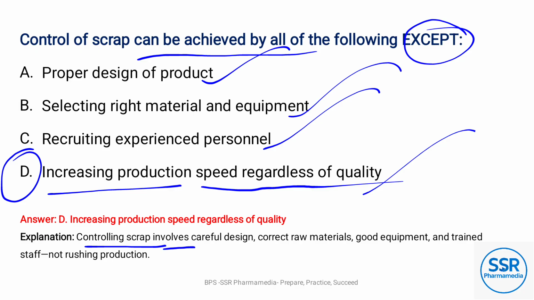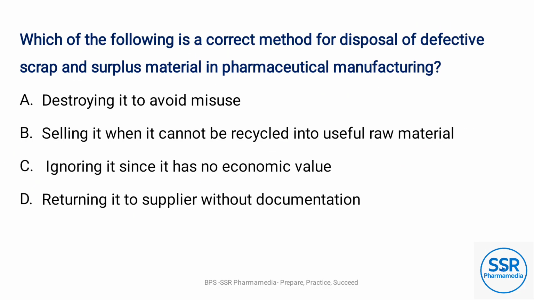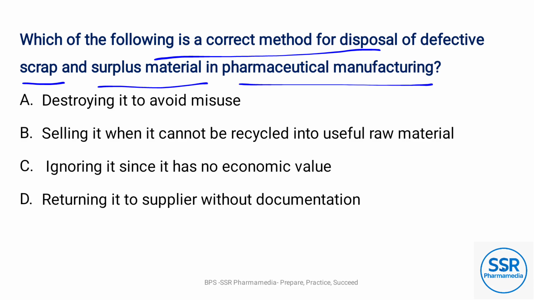Controlling scrap involves careful design, correct raw materials, good equipments, trained staff, not rushing production. So next question, which of the following is correct method for the disposal of defective scrap and surplus material in pharmaceutical manufacturing?